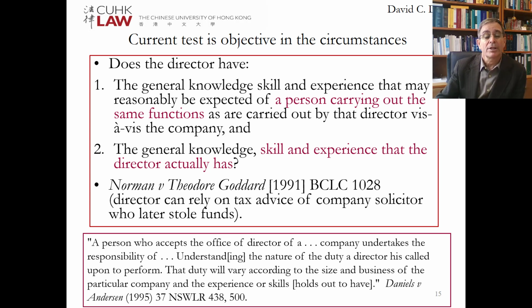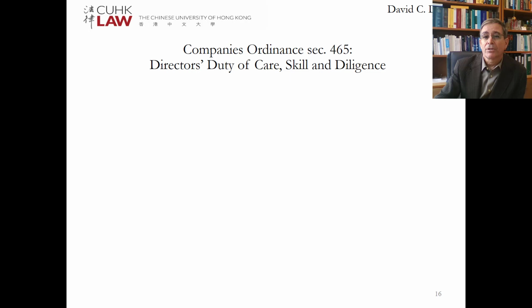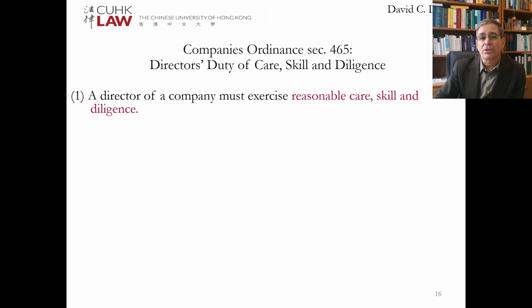And you'll see that this aspect of the complexity of the company and the complexity of the work is an important one. So let's look at what was the Norman rule and eventually becomes the Hong Kong statutory rule.